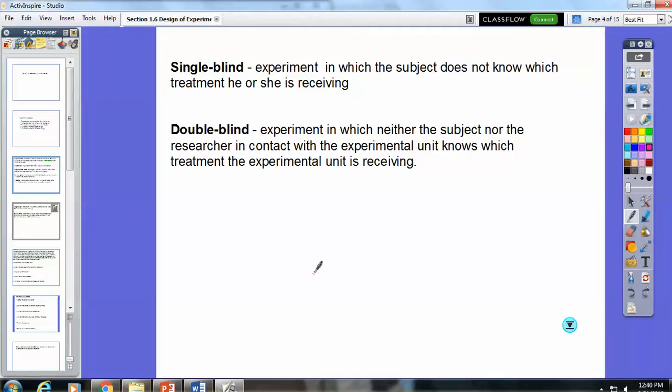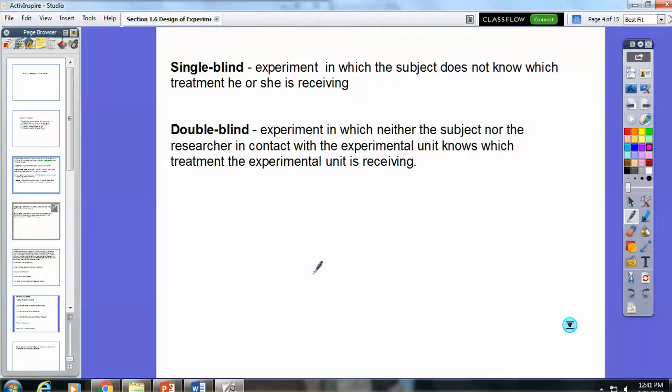I'm going to give you guys vitamins to see if it makes you smarter. Some of you are going to get a real vitamin, some of you are going to get a placebo, a sugar pill. If I know which one I gave you, but you don't, that's a single blind experiment. You're blind to what's really happening, but I'm not. In a double blind experiment, neither one of us knows.